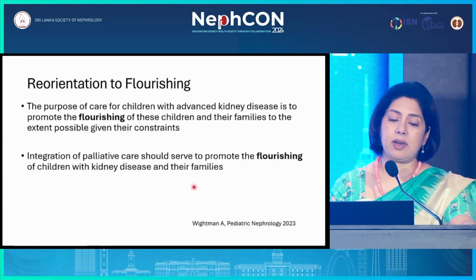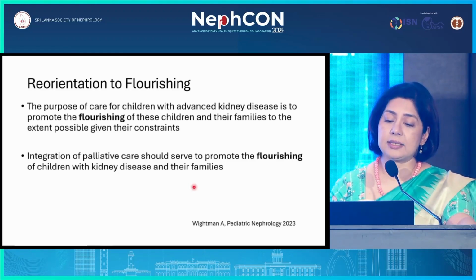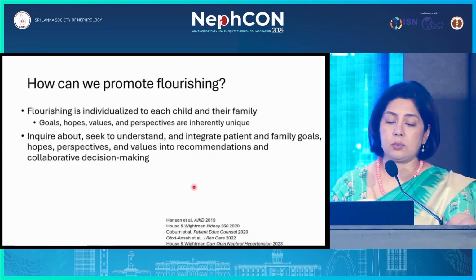Flourishing is a term for children and their families to live well. The purpose of our caring for children with advanced kidney disease is to promote flourishing. And if we can use supportive care or palliative care as a means to promote flourishing in the child, that would be ideal. How do we promote it?